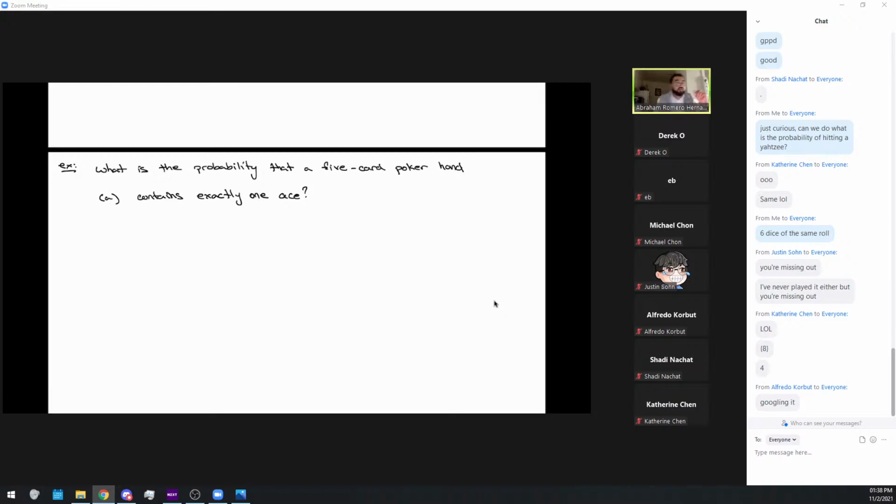Now, 5 card poker is used with a standard 52 card deck. So standard 52 cards, that's it. No jokers. We're not allowing jokers, that would be 54. So we're just doing a standard 52 card deck, with the jokers removed. Now, an ace can be considered high or low, depending on the hand.